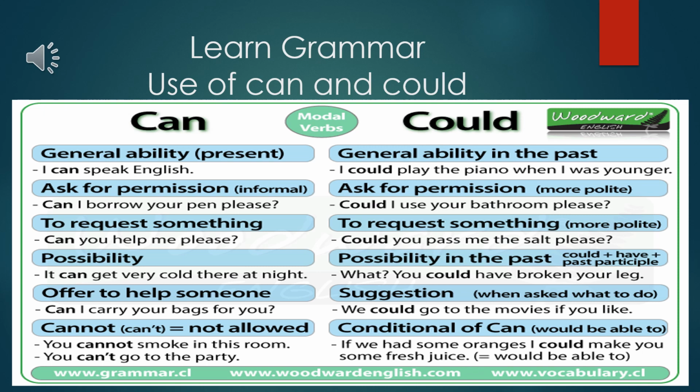You could have broken your leg. That means you're talking about some possibility that could happen in the past. In this way, that you will be using could, then you will be using have, and then you will be using past participle, that is broken. So that's how we would be using could in the past.